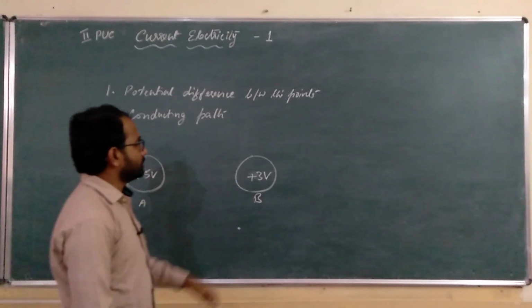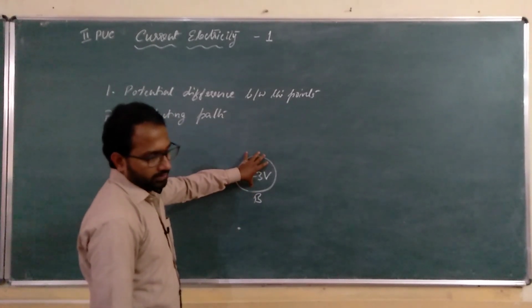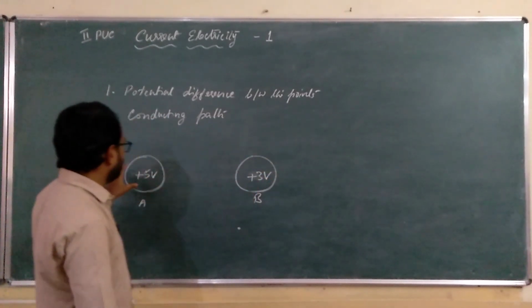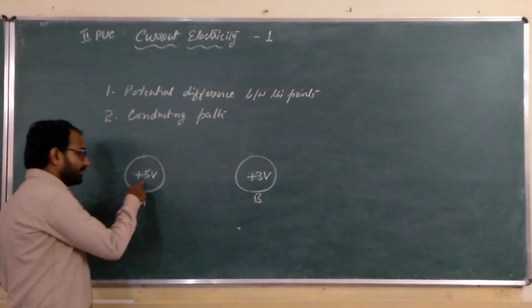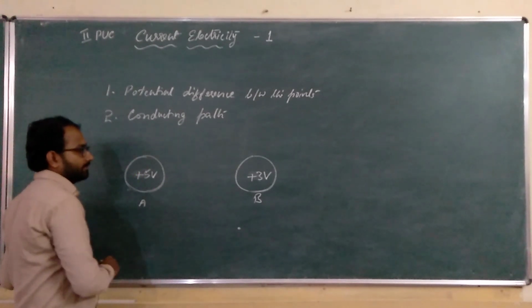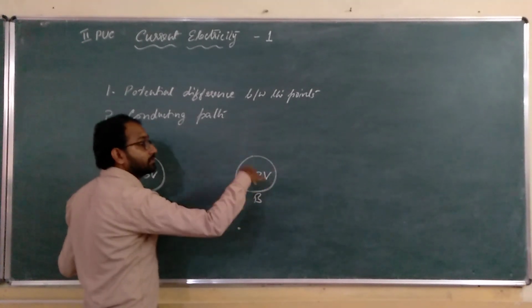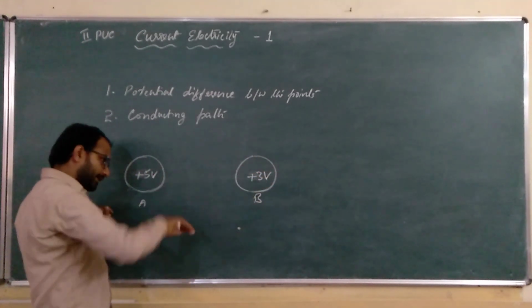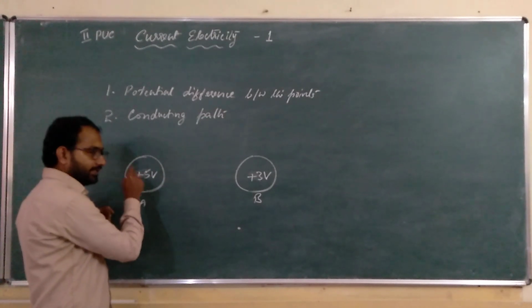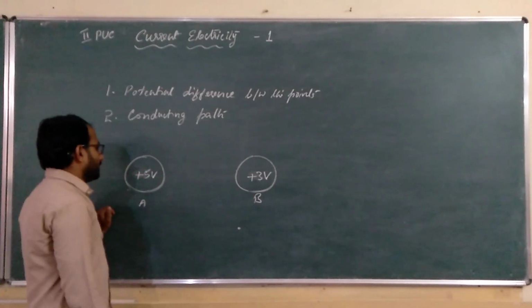The number of electrons in body B is more compared to the number of electrons present in body A.